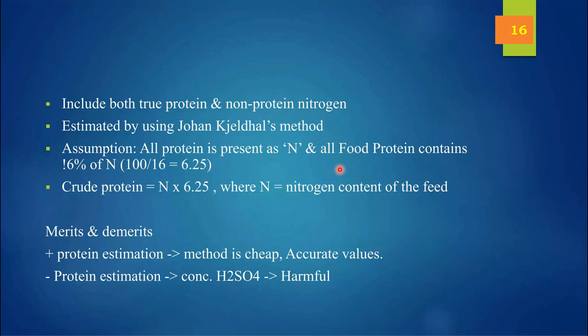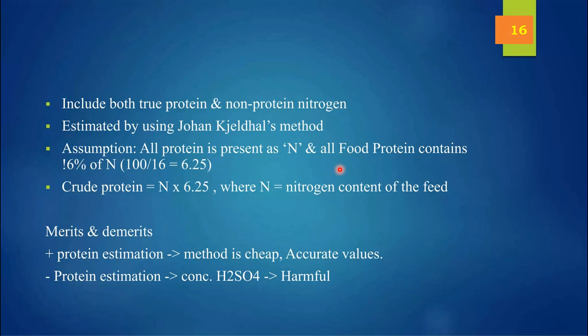So here the protein is assumed to be present as nitrogen only. Then the formula N into 6.25 is applied, and it gives us the value of the crude protein.